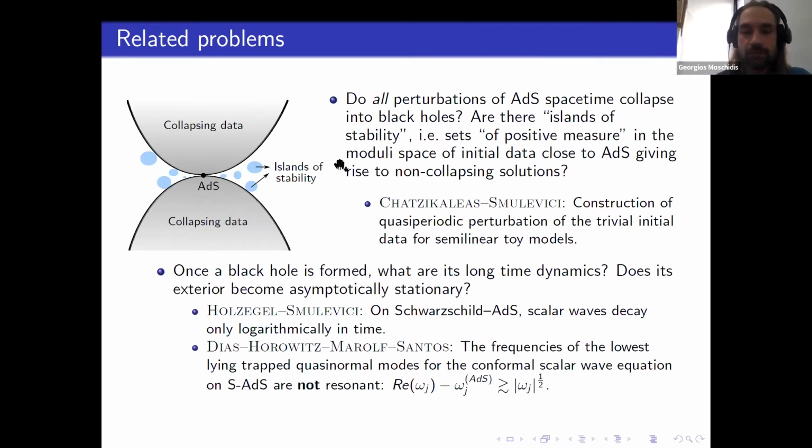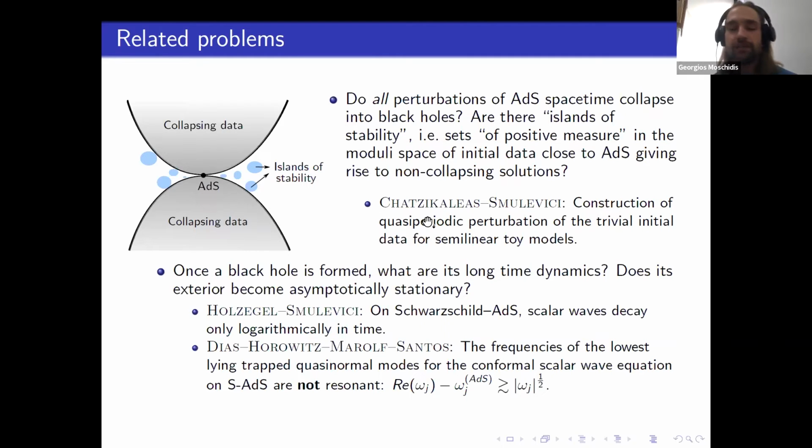Well, this is a highly debated question in the numerics literature. The answer is not clear, I have to say, but the most relevant rigorous result so far is by Sakis Hadjikaleas and Jacques Moulevessi, who showed that for a toy model of the Einstein-scalar field system, in fact for a few semi-linear equations on an AdS background, there exist quasi-periodic perturbations of the trivial initial data which can be arbitrarily small initially.